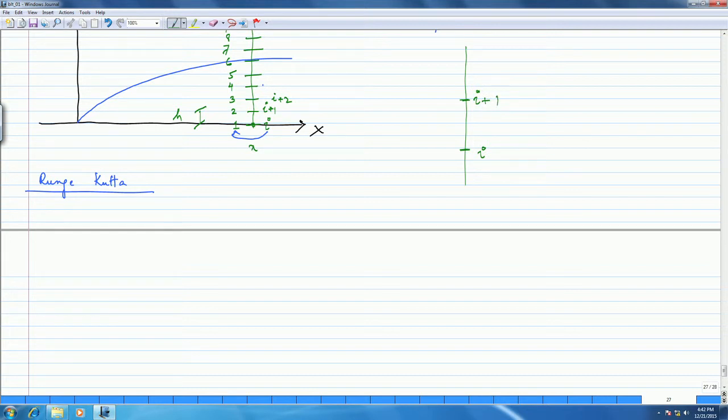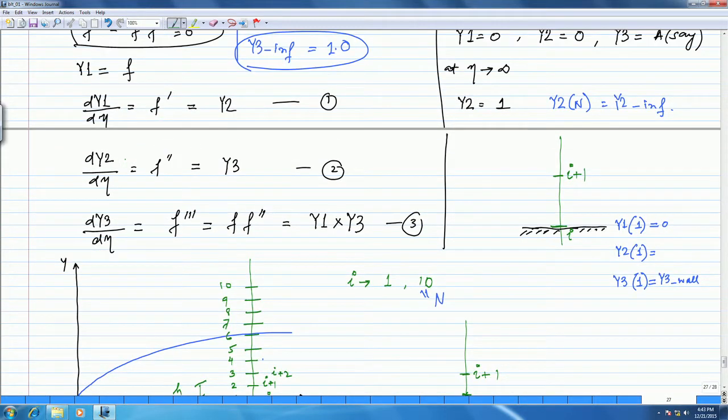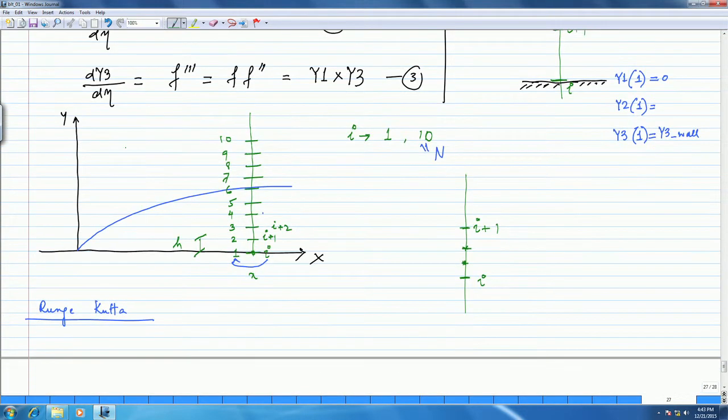And like I had explained, basically I will take 2 points, and I am going to integrate my equation. You can see that I have these derivatives here. So I am trying to integrate that between i and i plus 1, in this section whose height is h. I am also going to estimate the location of these 2 points. So this is all within this height of h. So how do I do that?